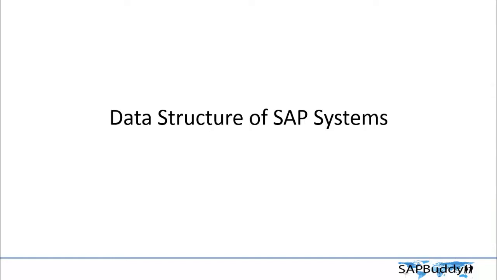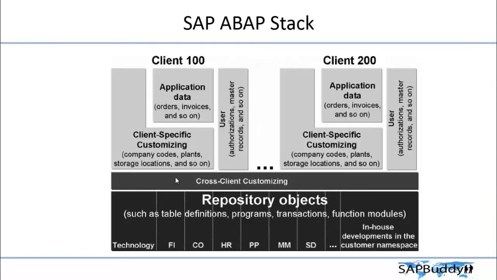Okay, so let's begin. In this slide, you can see how an ABAP stack is built in an SAP system. Before, we have seen central instance and application instance and different instances, and it is built on top of a database. It could be an Oracle database or any other database or a HANA database.